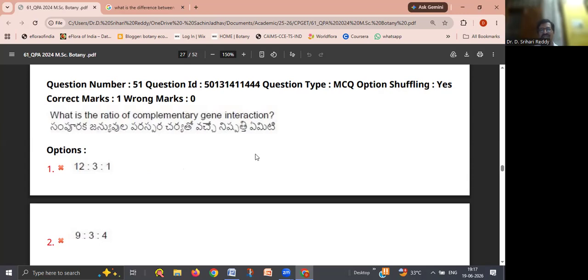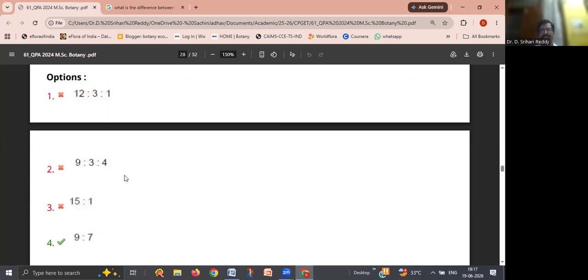That is a masking effect, called epistasis. Dominant. So this ratio is related to dominant epistasis. And 9:3:4, this ratio you should remember. This ratio is for recessive epistasis.